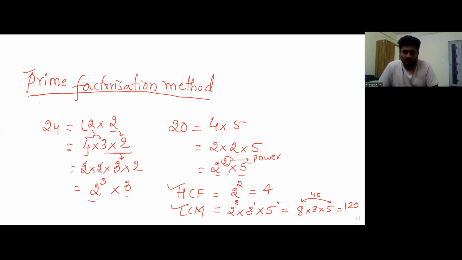Getting this? Yes, sir. Okay, so let us say we have two numbers. Let's just say slightly bigger numbers. Using this same method, prime factorization method, find the HCF and LCM of 120 and 144. Find both HCF and LCM of 120 and 144.